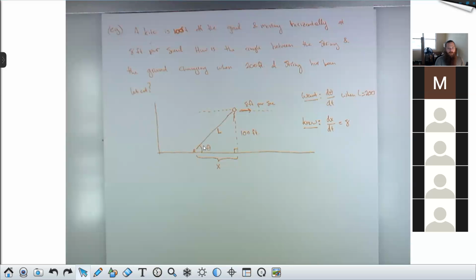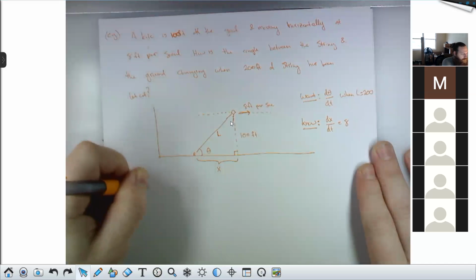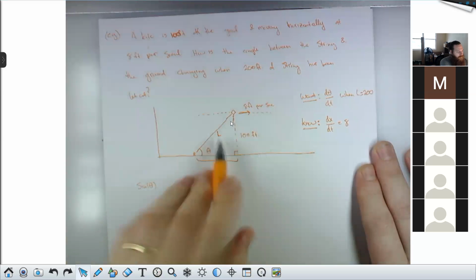I can look at the sine of theta, the cosine of theta, the tangent of theta, all of those things, and see which ones are going to be helpful to me. The sine of theta, that's the opposite over the hypotenuse.